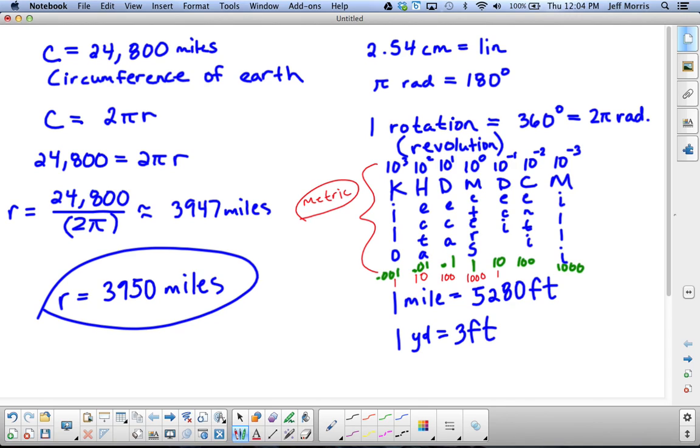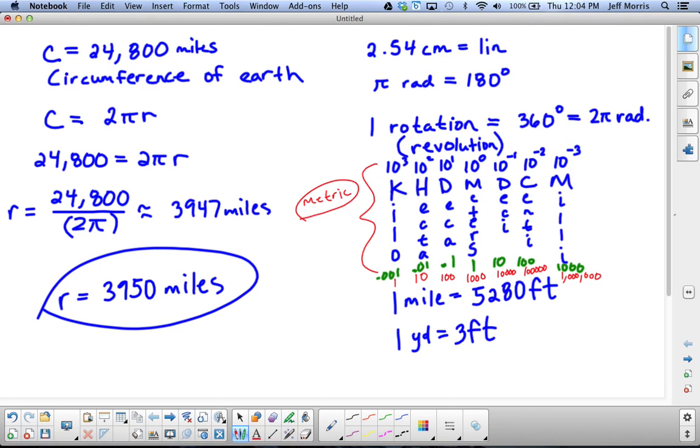Then what do we got? 10,000. What about this one? 100,000. What about this one? 1 million. You see how the metric system works? It's real simple. It's just multiplying or dividing by 10.